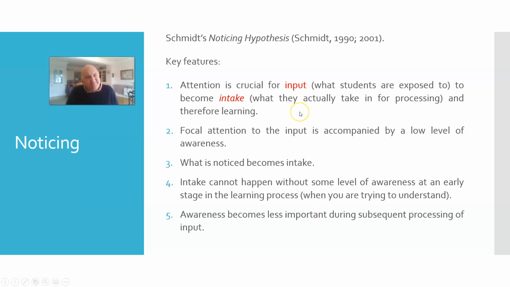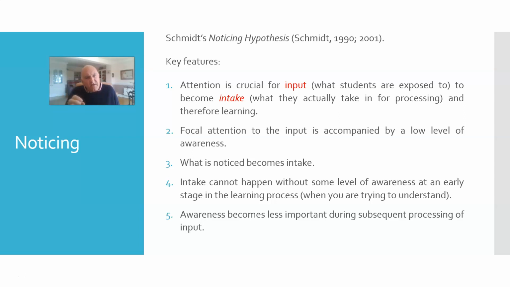So paying attention to the form of the language and noticing its form is thought to be crucial for input to become intake, i.e. language that we actually begin to process and therefore can potentially acquire, can potentially go to long-term memory.